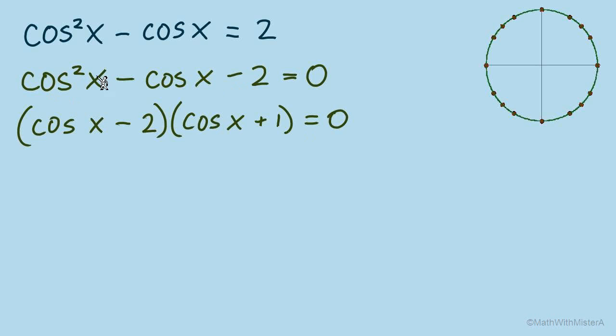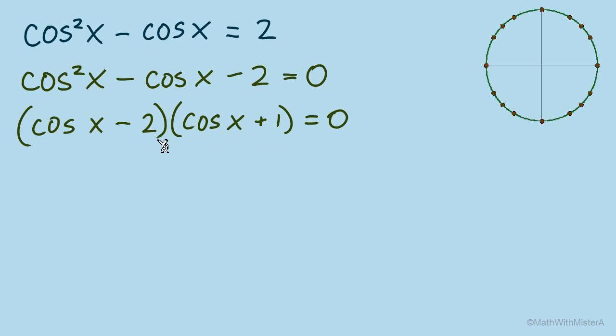We're handling the cosine x function like it itself is the variable. So here's our variable squared, our variable to the first degree in the middle term, and we're ending with a constant. I'm still looking for a pair of numbers that multiplied would equal negative 2, added up would equal negative 1, our coefficient of the middle term. So I have it factored this way.